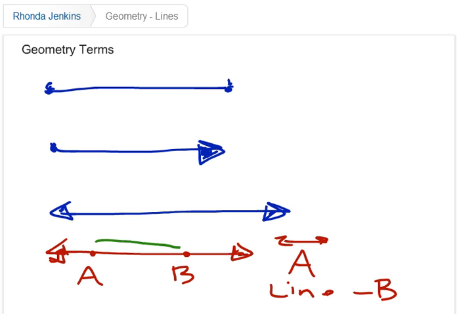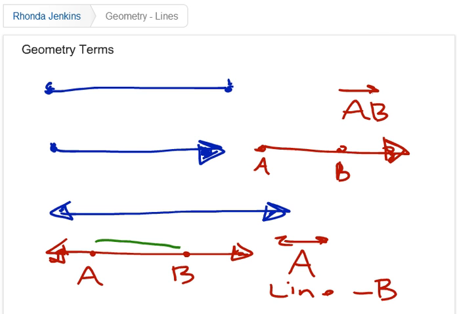Now, a question came up as to why the arrow goes beyond the endpoint. If it didn't go beyond the endpoint, remember, we'd have a ray. That stops here. I can still name that A, and put another point there and name it B.